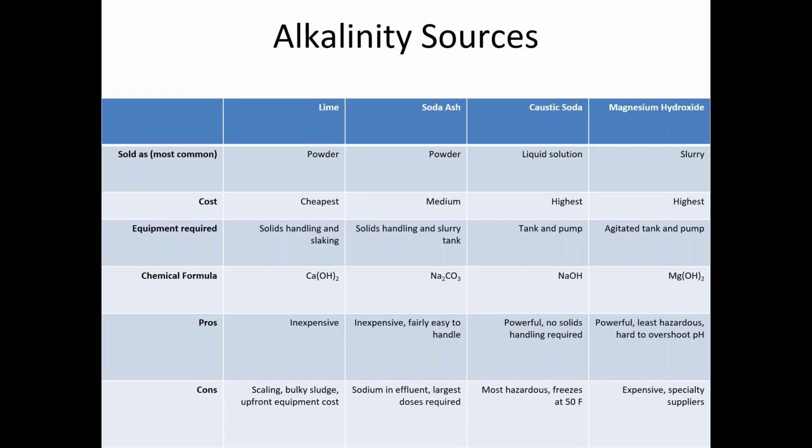Unlike caustic, magnesium hydroxide is not nearly as hazardous to operators. It's got a lower pH, and it actually makes it harder to overshoot pH in the lagoon.